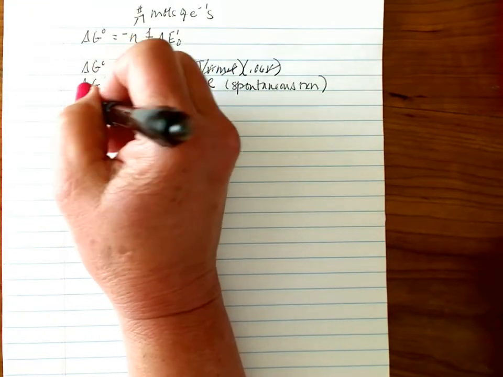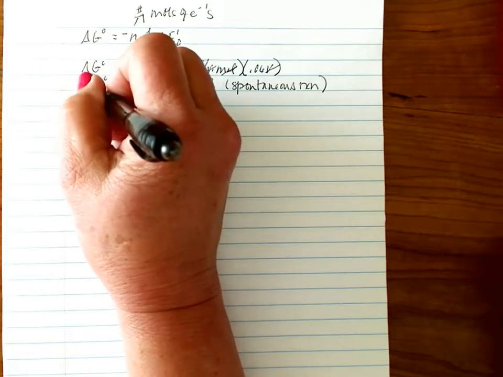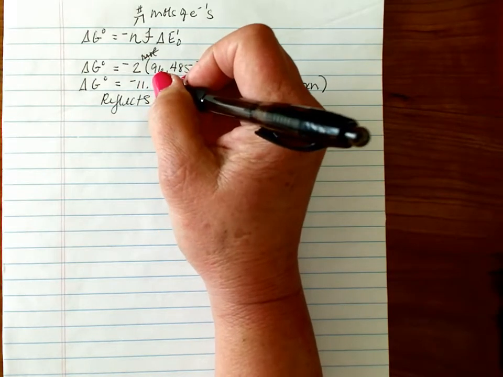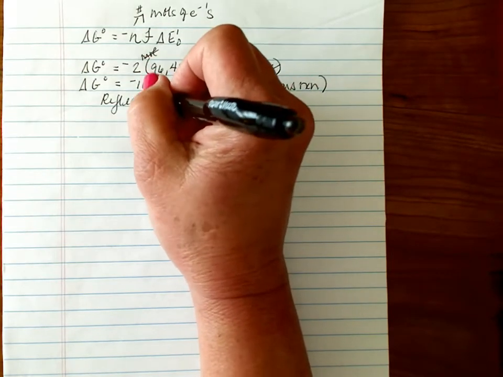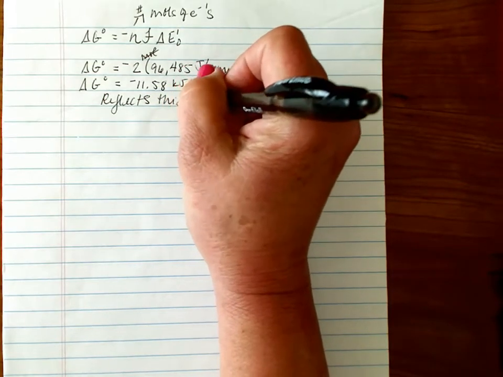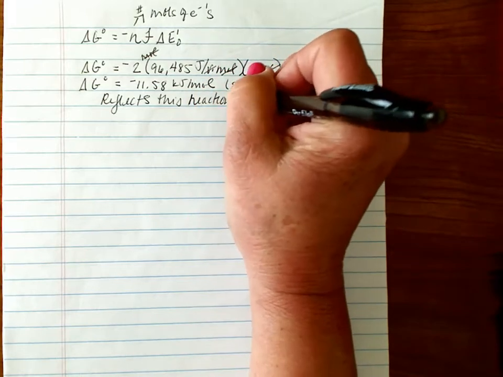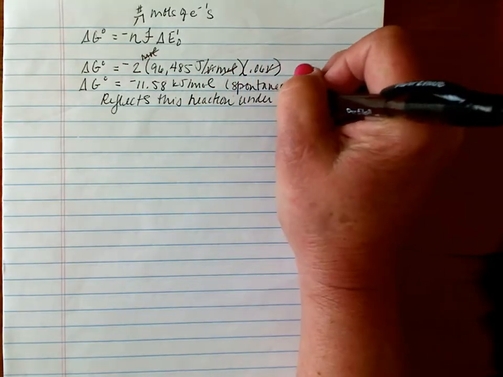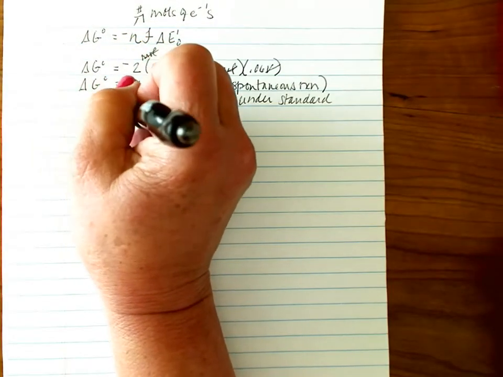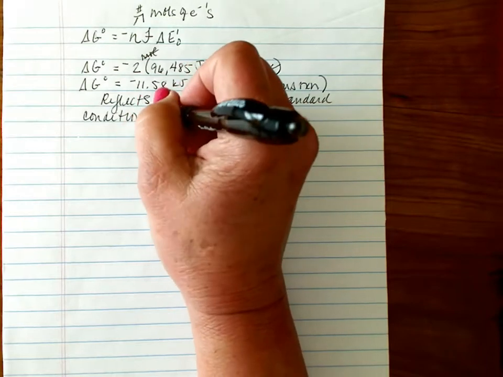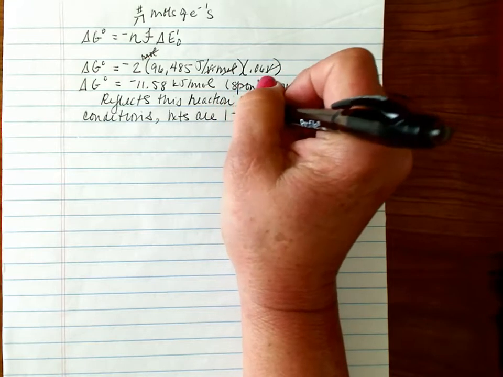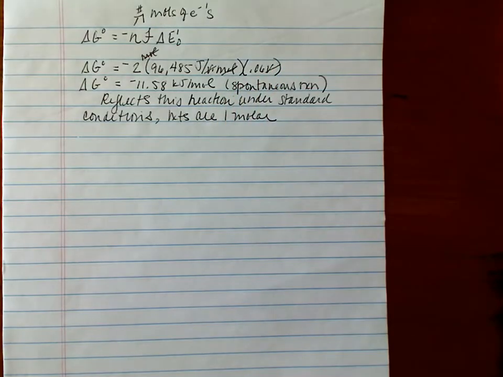Now, one thing I want to point out is we're using the standard free energy. That means this calculation reflects this reaction under standard conditions. And under standard conditions, the concentration of reactants is 1 molar.